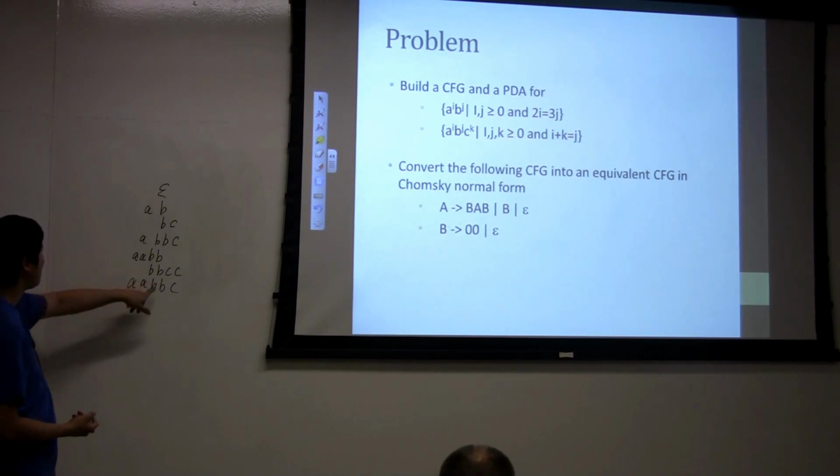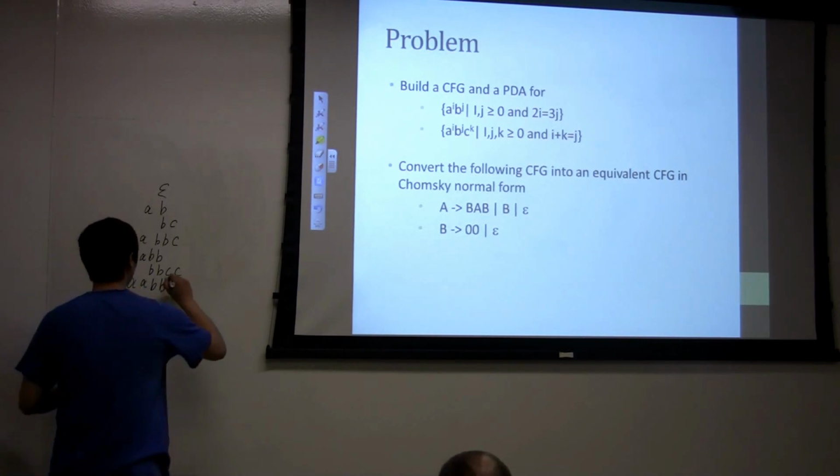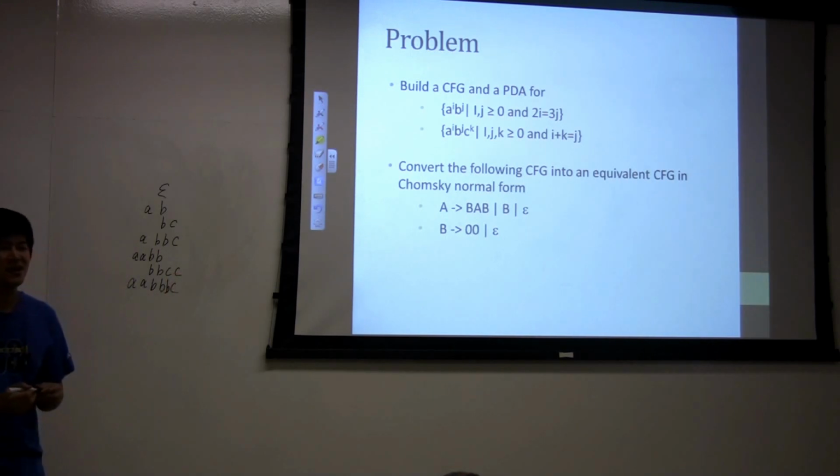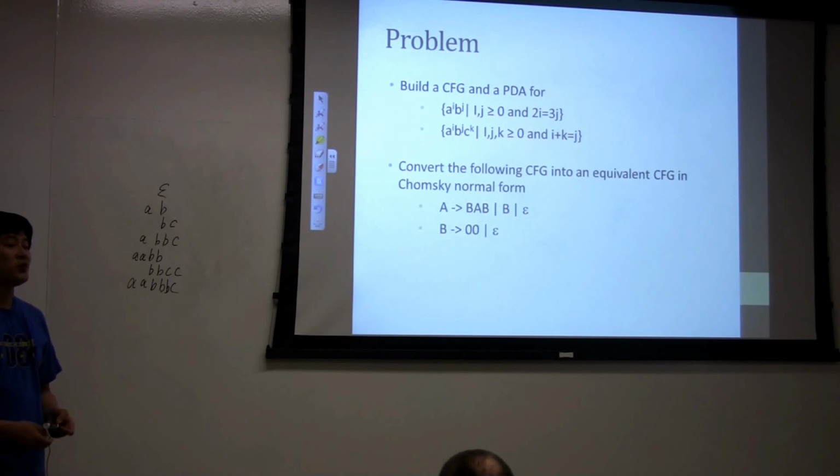So the number of B must equal the number of A plus the number of C. What does it mean? Whenever you generate one B, you must either generate an A or a C.